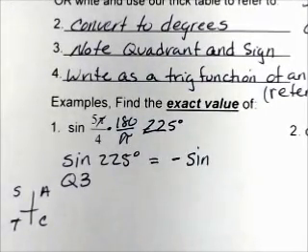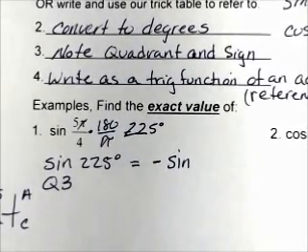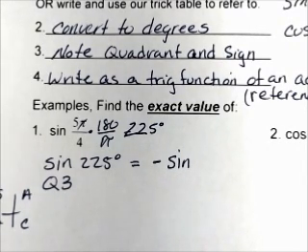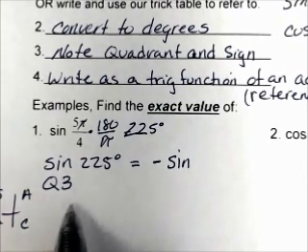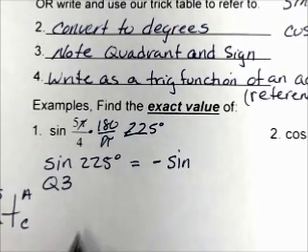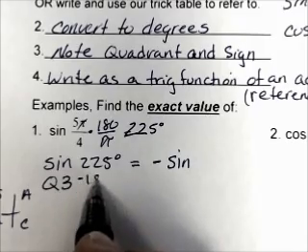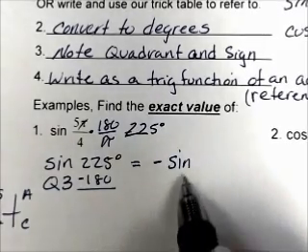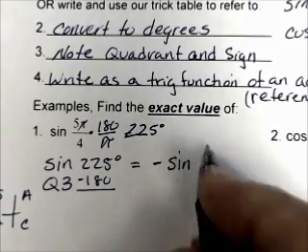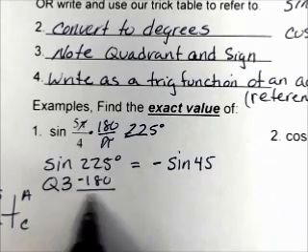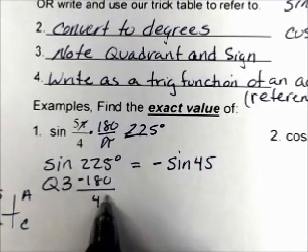Right? Sine of 225 is going to equal negative sine of, since this is in quadrant 3, the reference angle we can get by taking 225 and subtracting 180 from it. So I'm just going to write minus 180 in line with my 225, and this is equal to 45. 225 subtract 180 is 45.